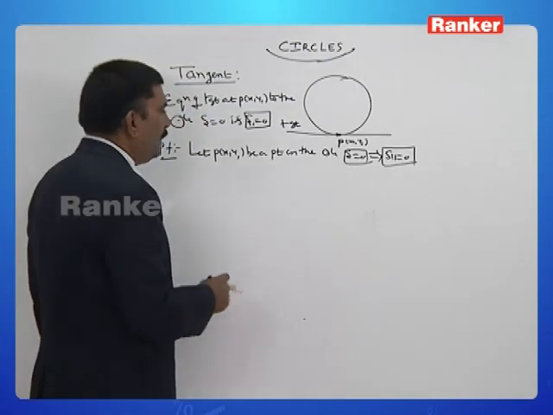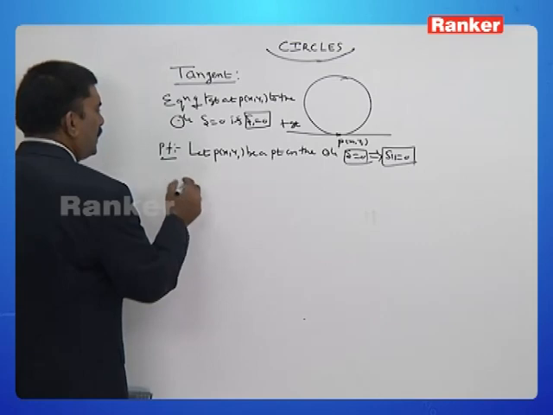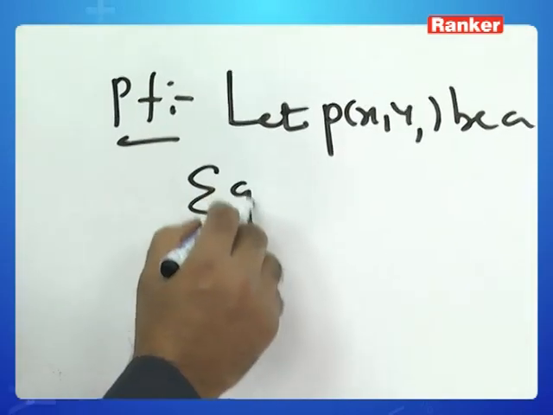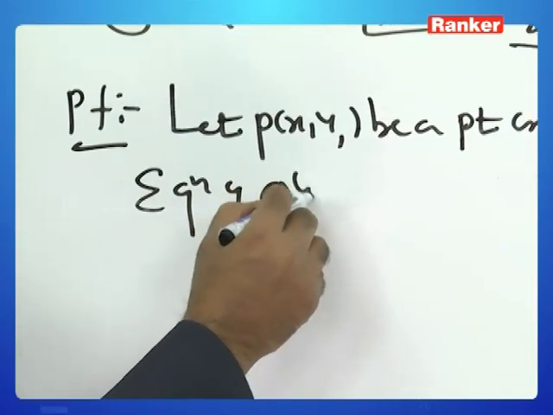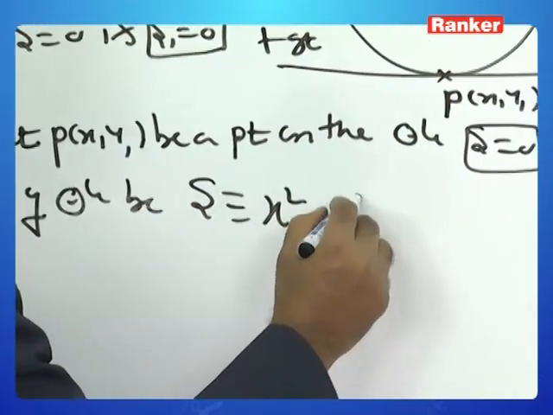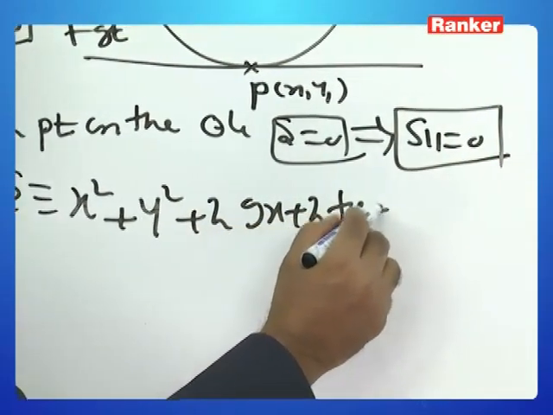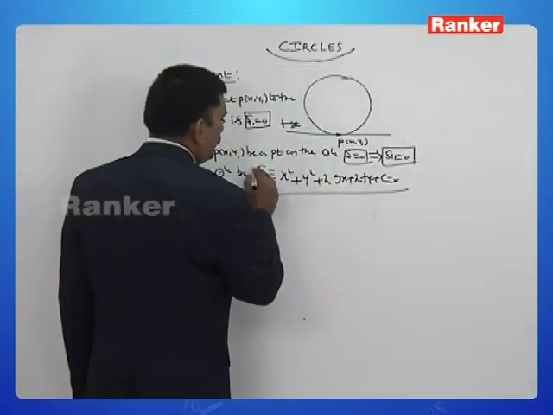So therefore, by using differential calculus, we differentiate. The equation of circle is S is equal to x square plus y square plus 2gx plus 2fy plus c is equal to 0.